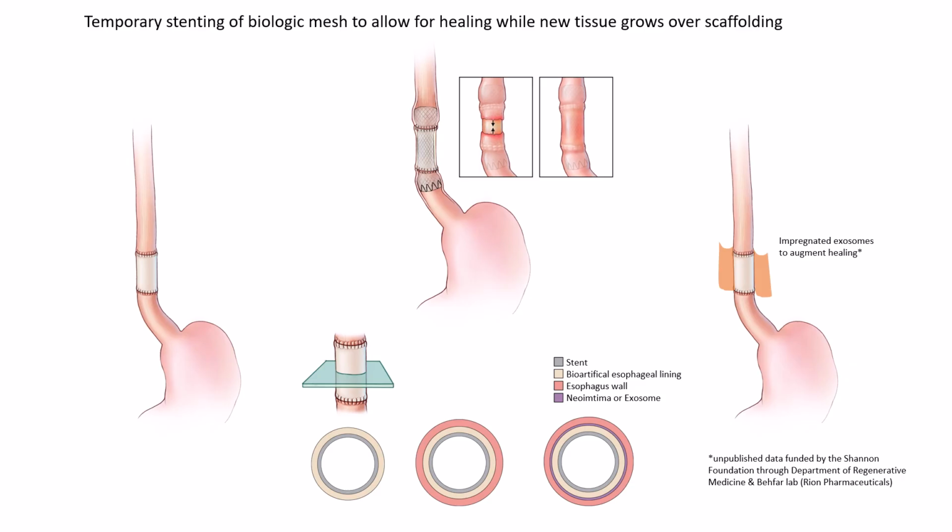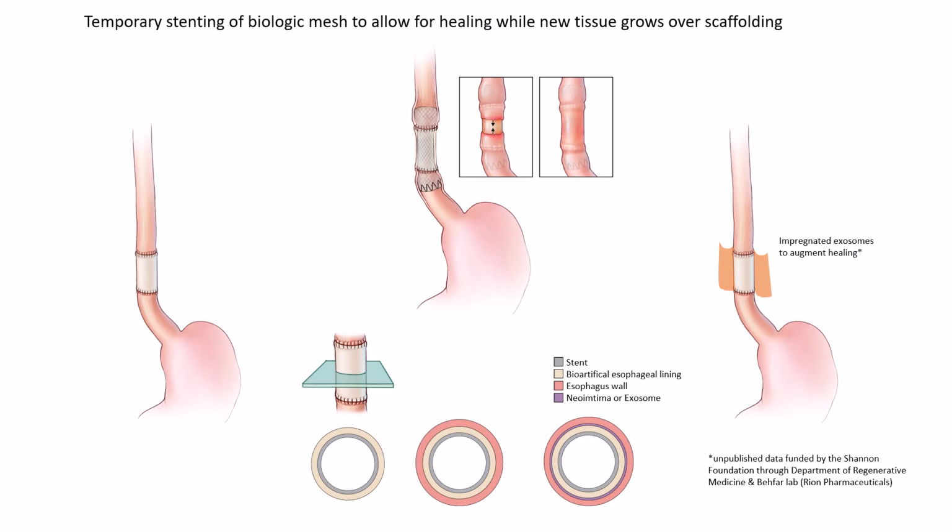This is an illustration of that technique, whereby temporary stenting of the biologic mesh allowed for wound healing while new tissue grows over the scaffolding. You can see in the image to the far left the tissue interposition. In the image to the center, you can see the endografting or stenting of the esophagus to protect the area while it's healing.